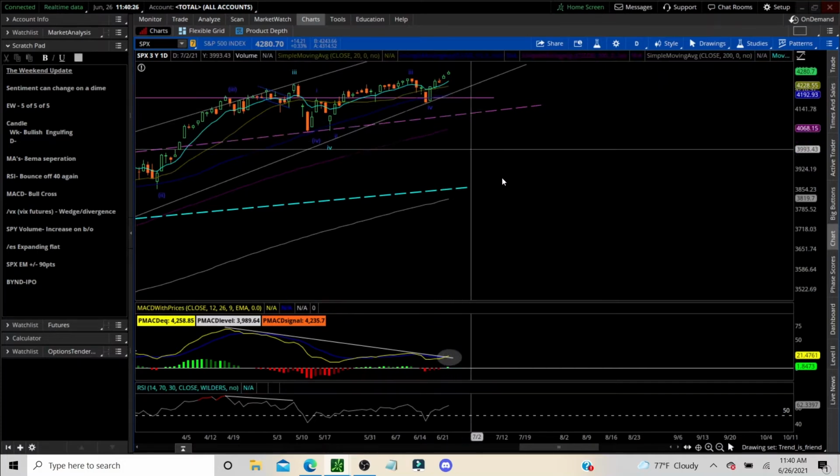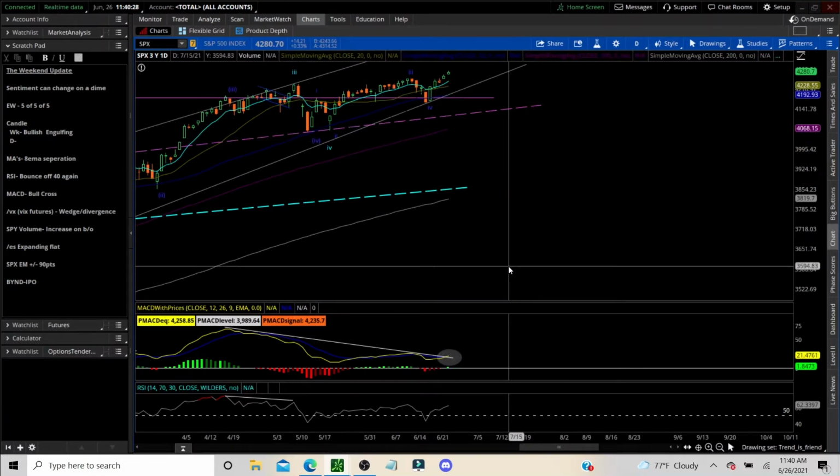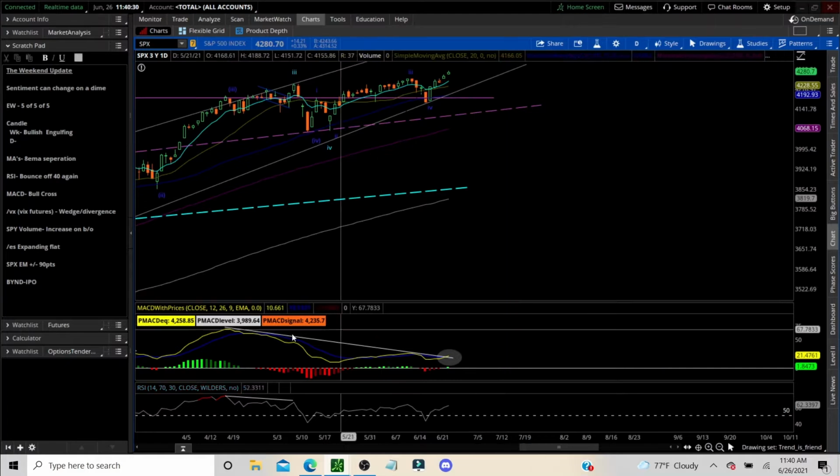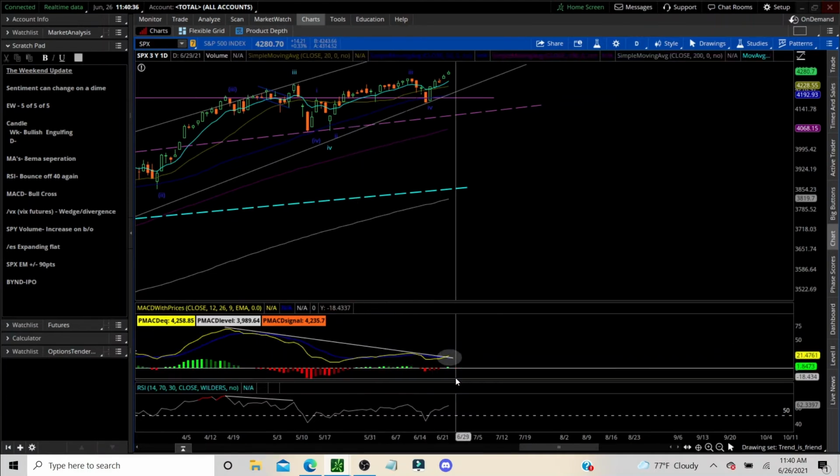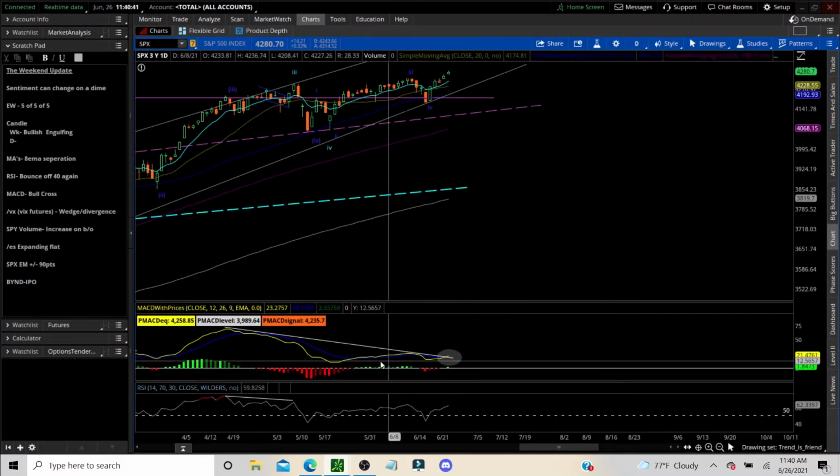Checking out the indicators, the MACD, we did have bearish divergence. Now the key here is, are we going to get down past the 0 line into bearish territory? It doesn't look like it quite yet.